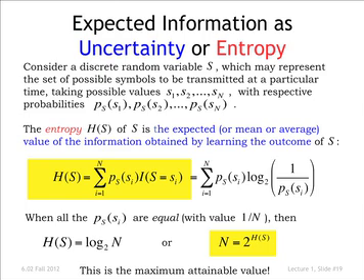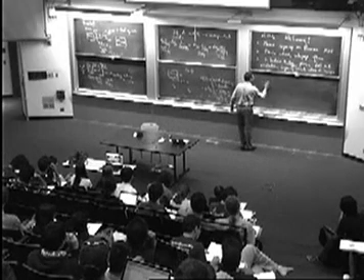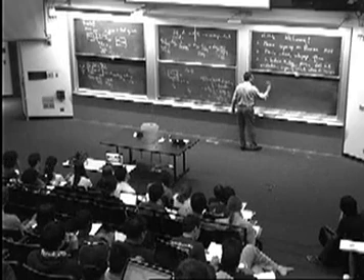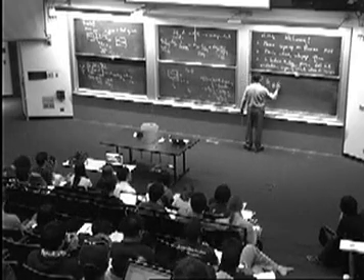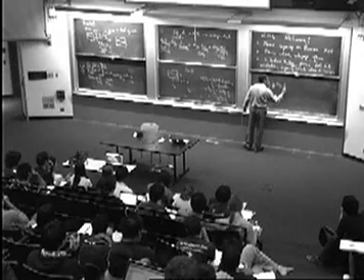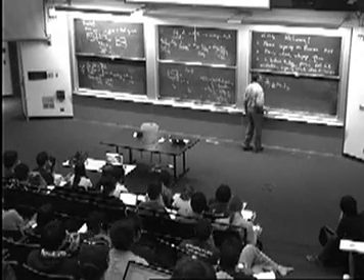So for instance, if you've got a case where you have capital N symbols and they're all equally likely, then the probability of any one of them is 1 over n. So what is the entropy? Well, it's going to be the summation i equals 1 to n. Each probability is 1 over n. I take log 2 of 1 over n.